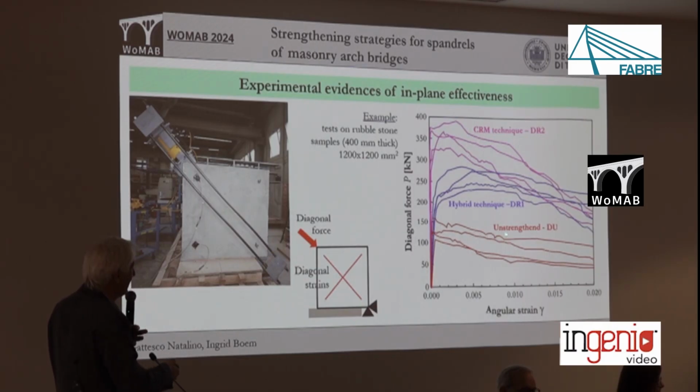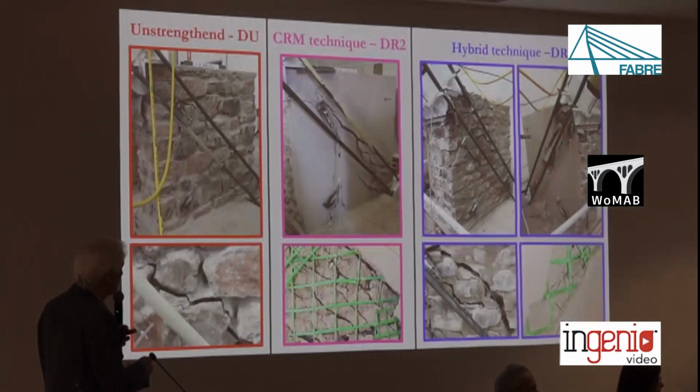We can see here the behavior of an unreinforced sample, this is applying the hybrid technique, and this is applying the CRM technique, so the composite reinforced mortar on both sides of the masonry wall. And you note a significant increase in resistance.